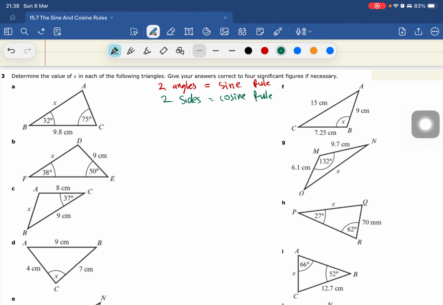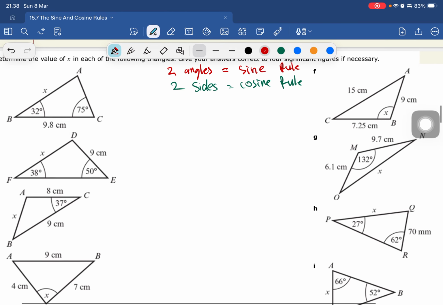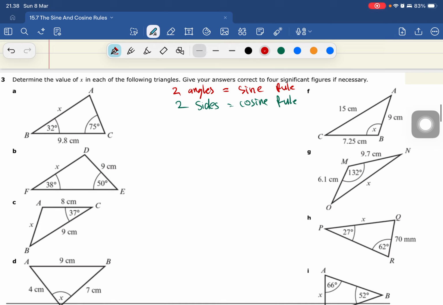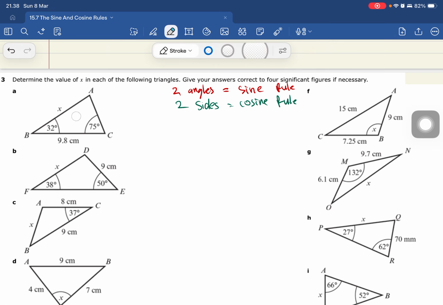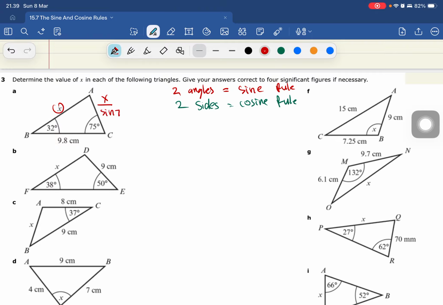Here we have two angles, so we can make x divided by its opposite sine 75 degrees equal to 9.8 divided by sine of the third angle.